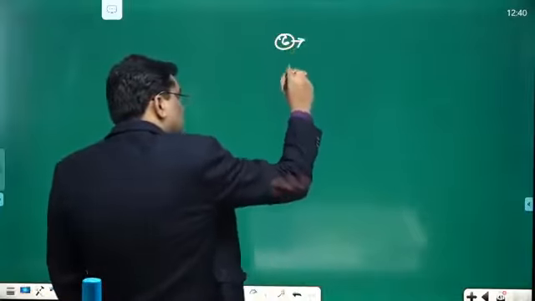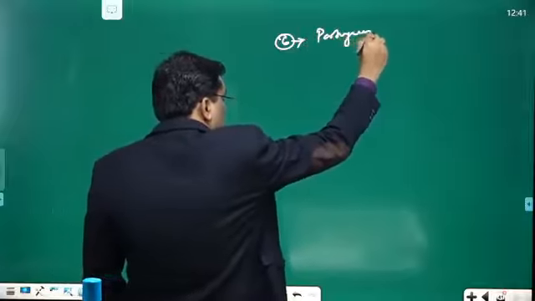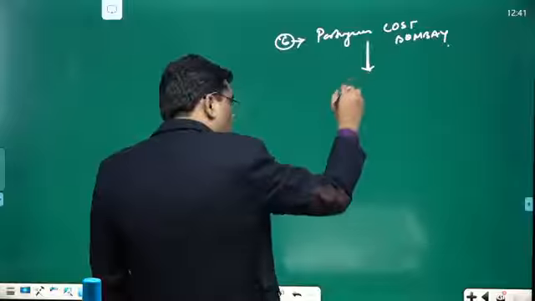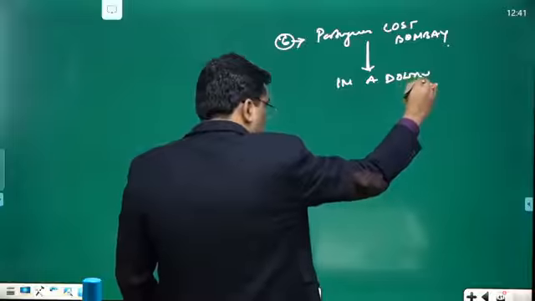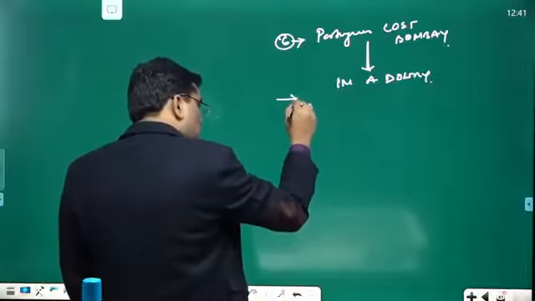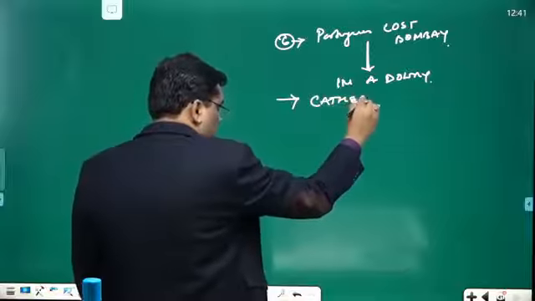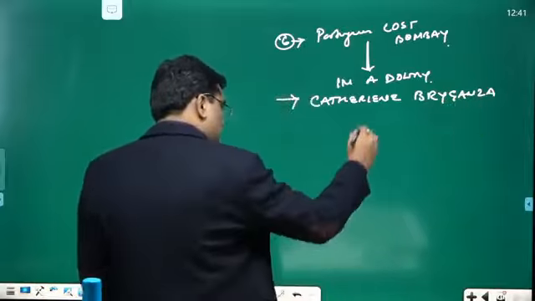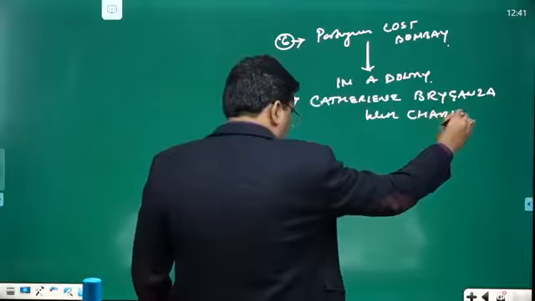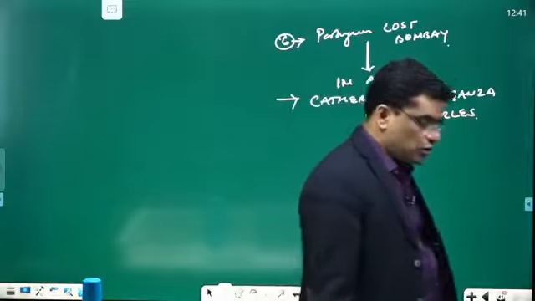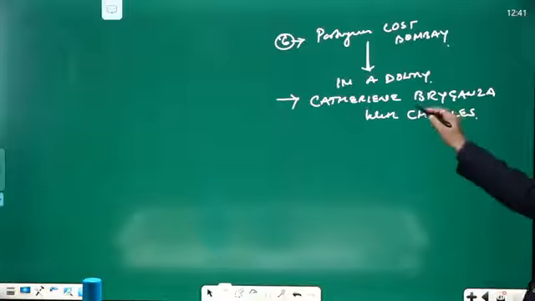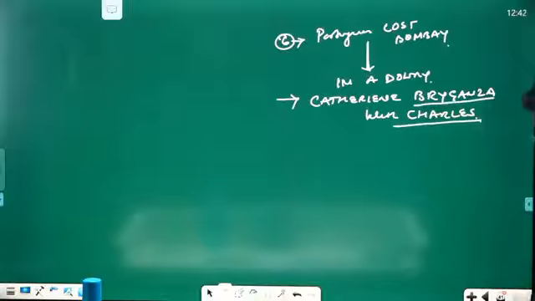Sixth, the Portuguese lost Bombay, as Bombay was given in a dowry after the marriage of Catherine Braganza with Charles, the British Prince Charles.